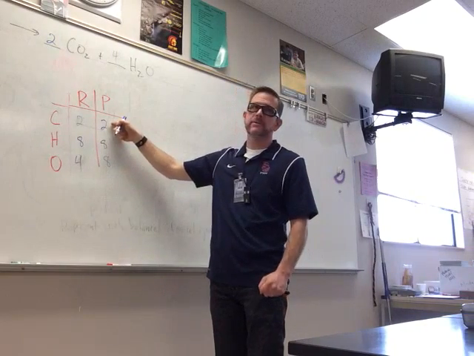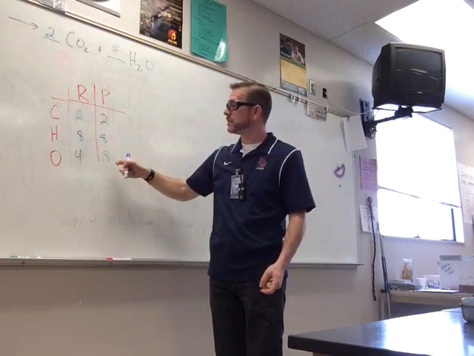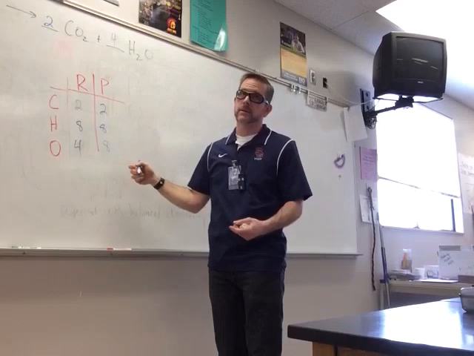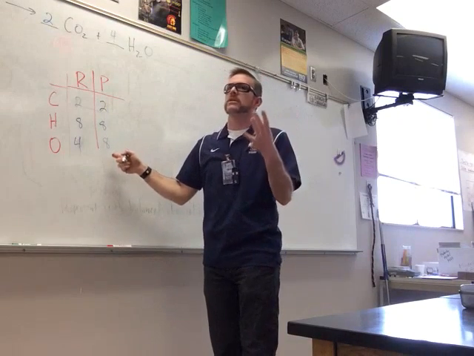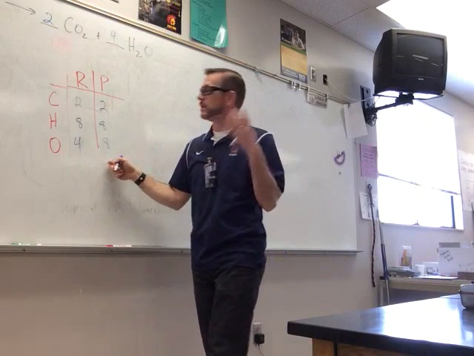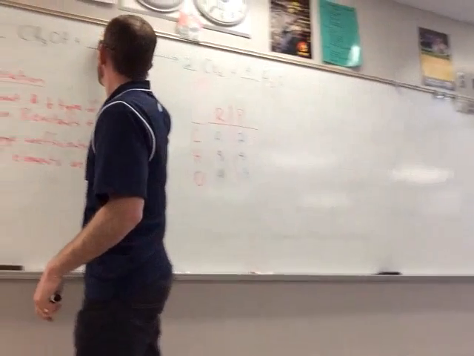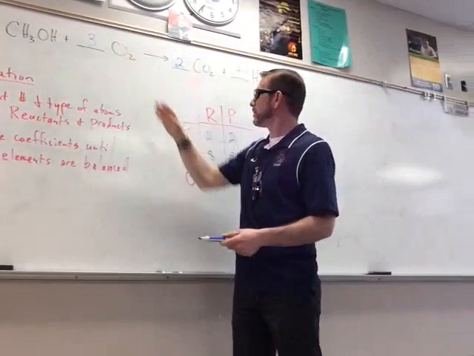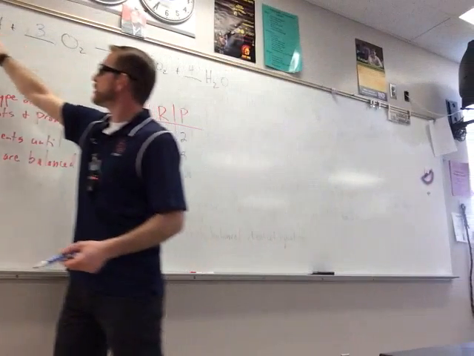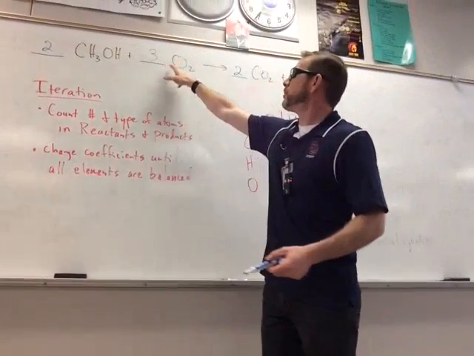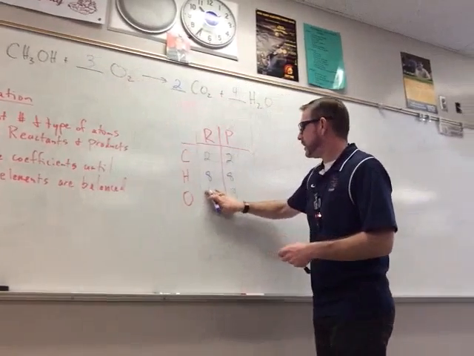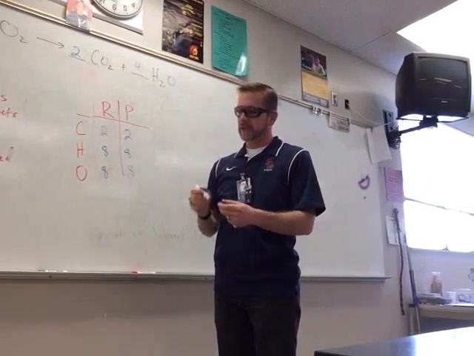But wait, carbon's fixed, hydrogen's balanced, oxygen's the only one I need to change, and how many do I need? 4. Can I get just 4 oxygens? Yeah. Yep. How do I do it? Now, I need 4 more, and I had 2 there, so I need a total of 8. So there were 2 there. I need 6 more. So 3 particles of these 2 gives me 8. And now I have a balanced equation.